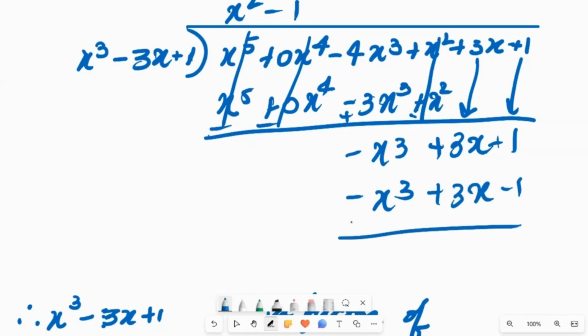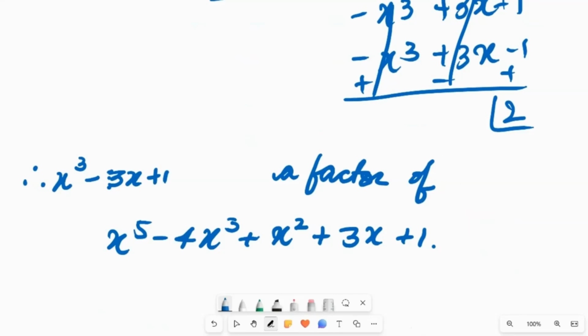Now change the signs. This would be plus, this would be minus, this would be plus. Now this is 0, but 1 plus 1 is 2. Therefore, x cube minus 3x plus 1 is not a factor of x power 5 minus 4x cube plus x square plus 3x plus 1, because the remainder we got is plus 2.